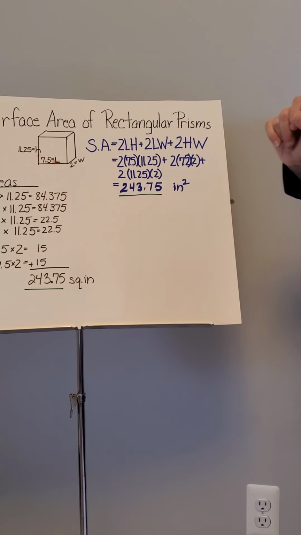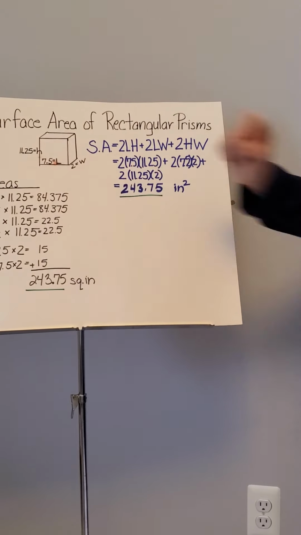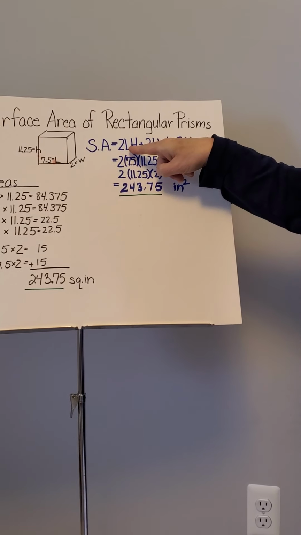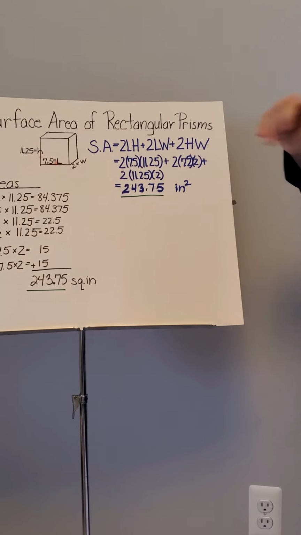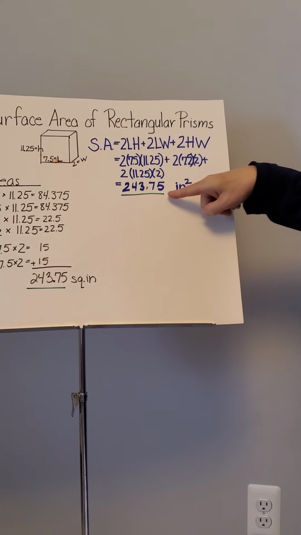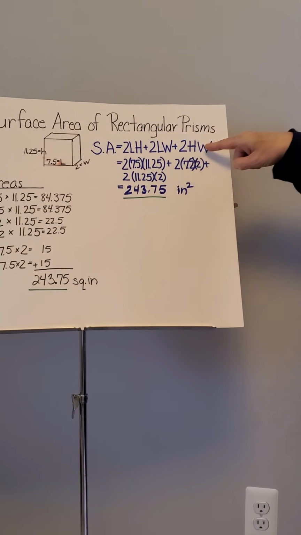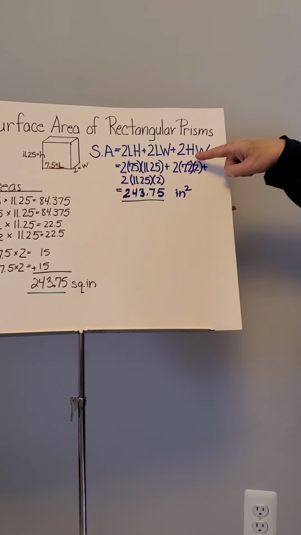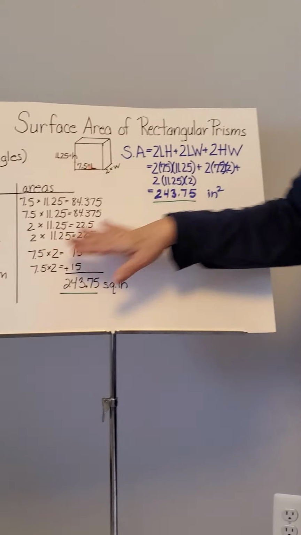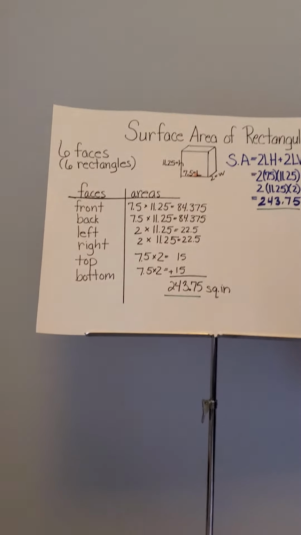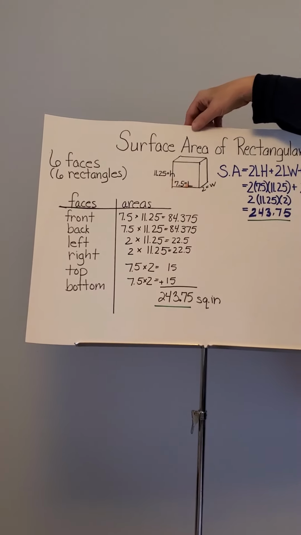Just simply replace the values for height, length, and width in for the variables L, H, and W, and compute until you have that final grand total of 243 and 3/4 square inches. You will see this formula written in your textbook as well. The breakdown is very nice to see visually on the other hand. Okay, that's surface area of a rectangular prism. Now I'm going to show you a triangular prism and how to find the area.